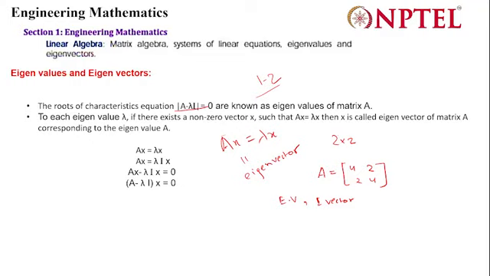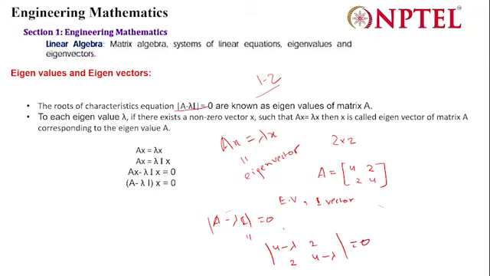You have to write the characteristic equation, |A - λI| = 0. How will you write A minus lambda I? Just subtract lambda from the diagonal elements. This is your characteristic equation.